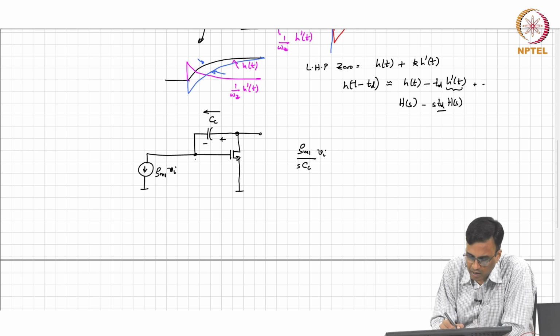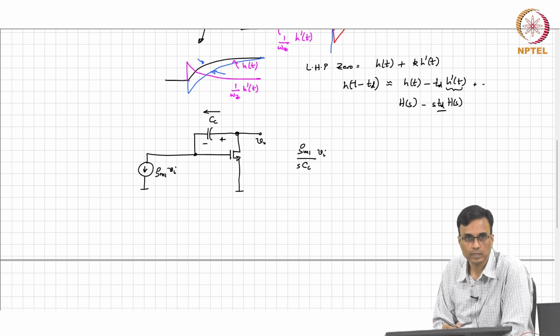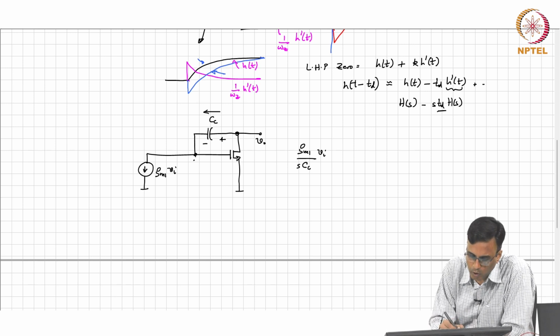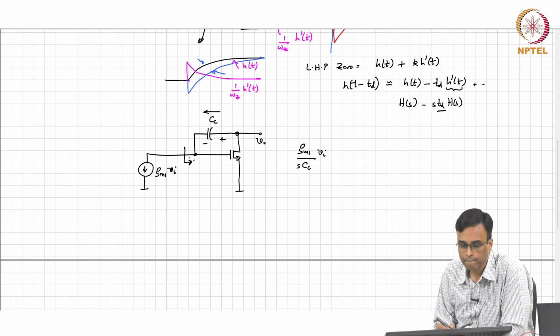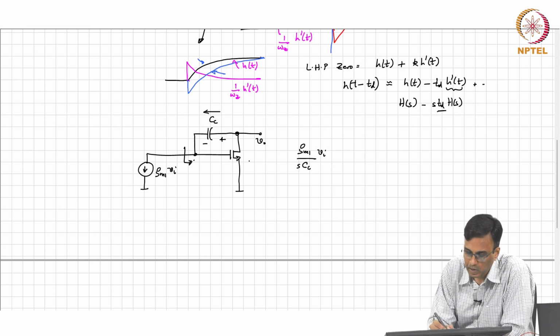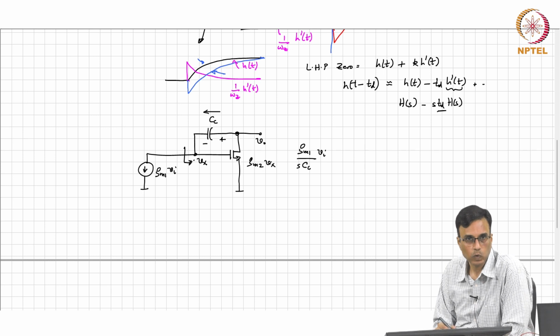So, what is the output voltage VO? What is the gate voltage? What is the impedance looking in here? One by which GM? So, this is GM2 times Vx. Okay.